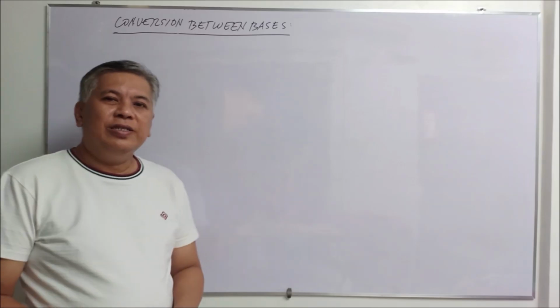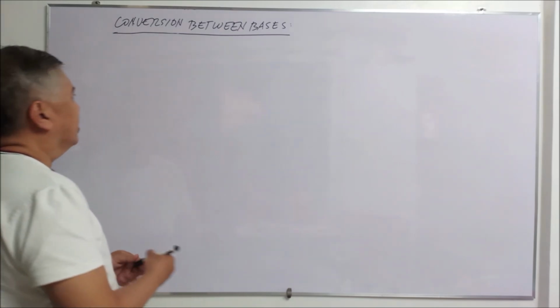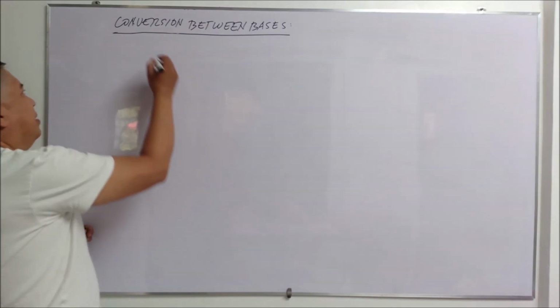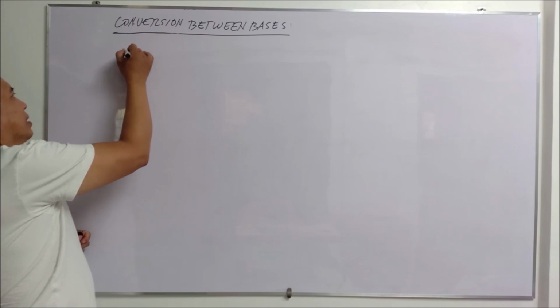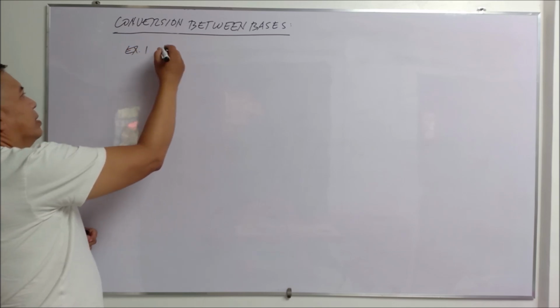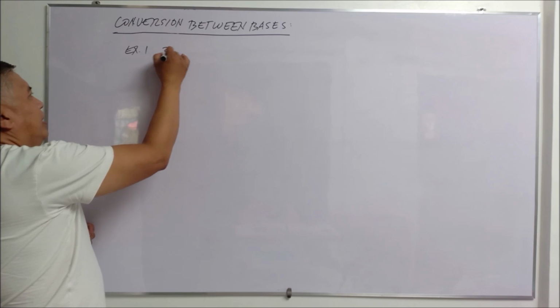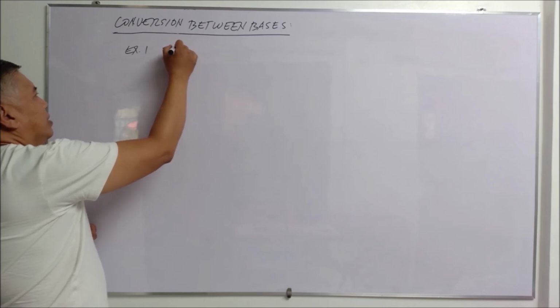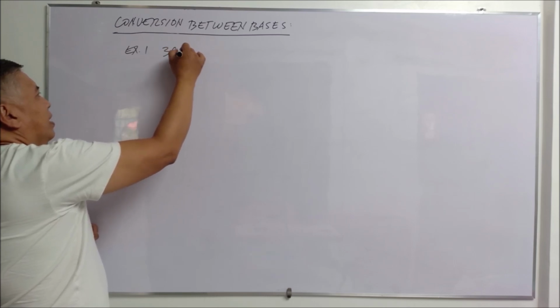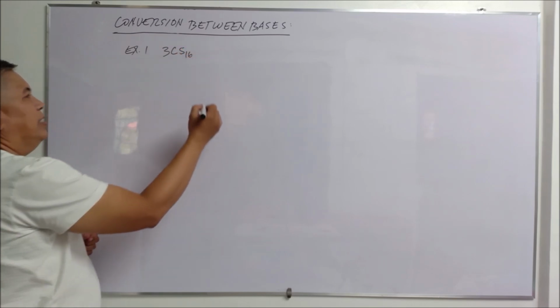Let's have another example. Let's say you have a given number, 3C5 of base 16.